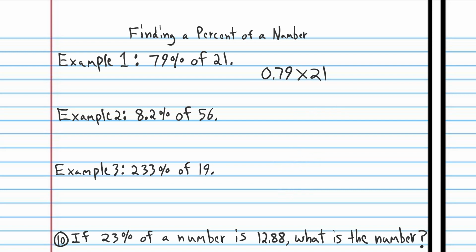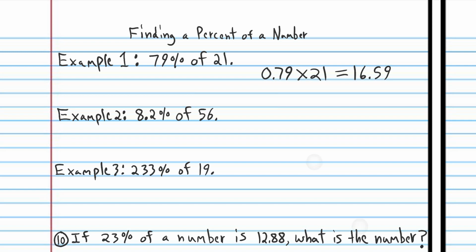So you multiply 0.79 times 21, and you get 16.59. That makes sense because 79% should be less than 21 because we're only finding a percent of 21. So why don't you try example 2, and when you come back, we'll do it together.